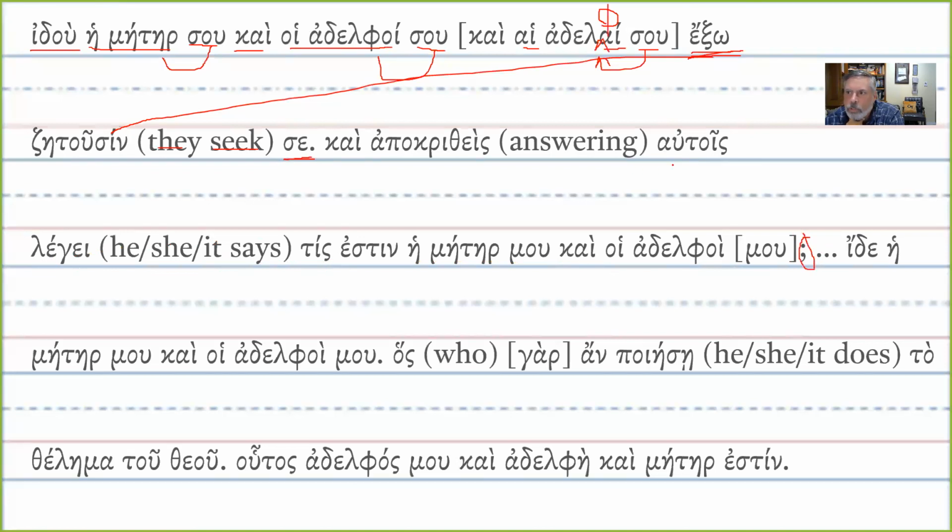Okay, so we're told this, answering autois. There's a dative plural, and so answering to them, or answering them to make it simple, and this verb is a third person singular, he says. In answering them, he says, okay, here's my interrogative pronoun, tis.